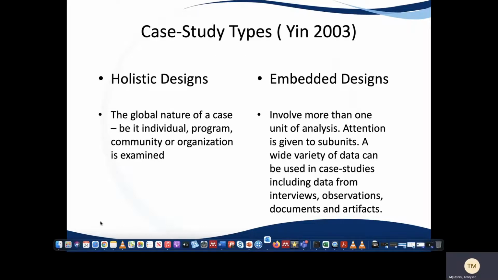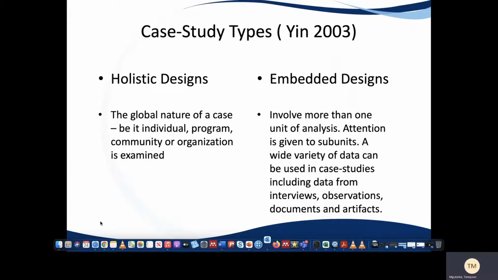So, for example, if I was studying people's views about X, I could call 50 people and study them as a collective group, or I could call 50 people and subject one person to a complete study of their view, then the next person to a complete study of their view, and the next person to a complete study of their view. That would be more likely to be a holistic design.